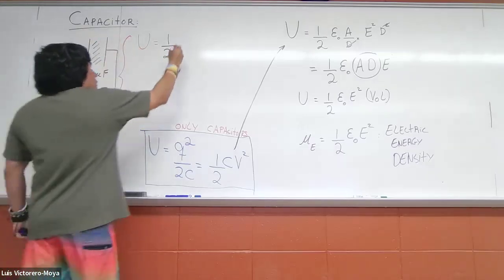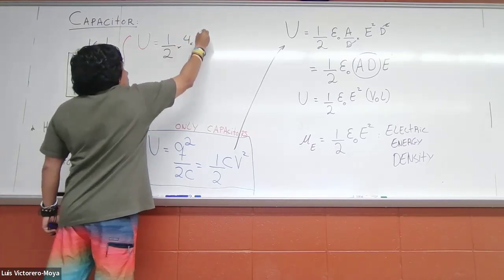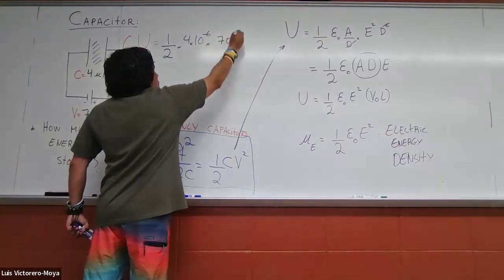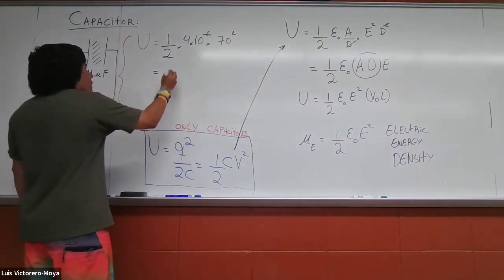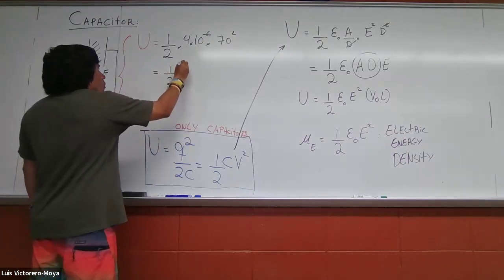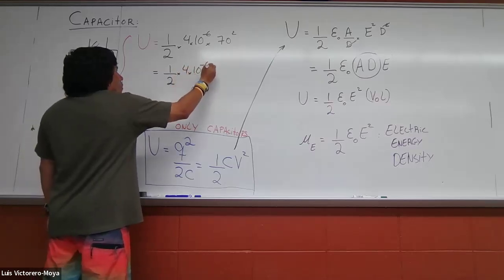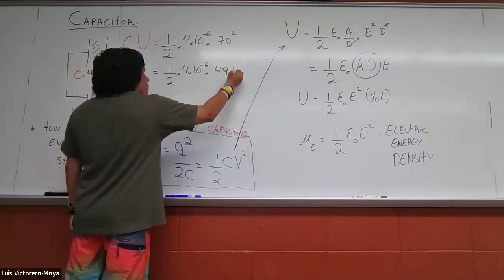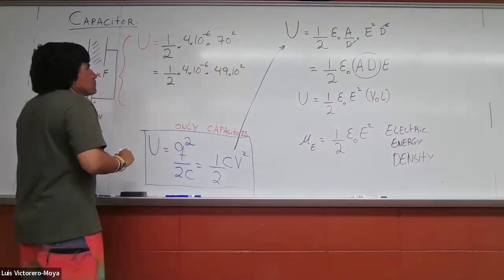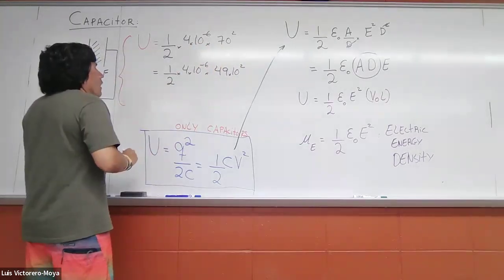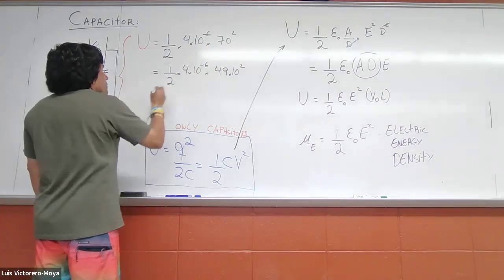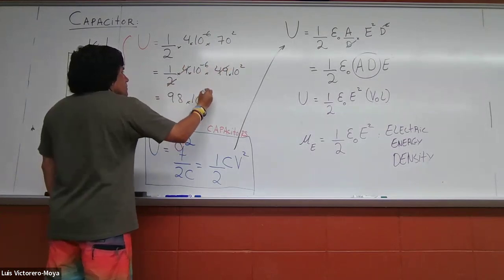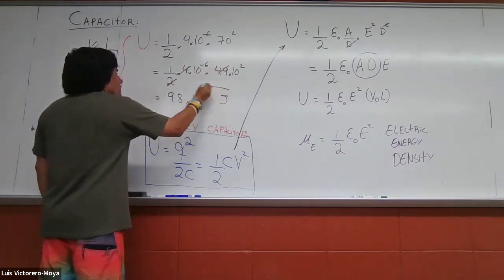So the capacitance, you write it like this, and V squared, you leave it at 70 volts. Like that, right? 98.